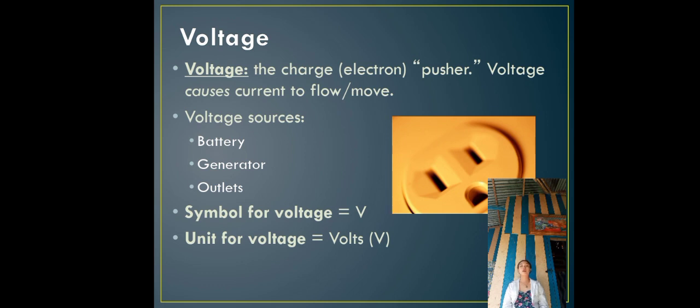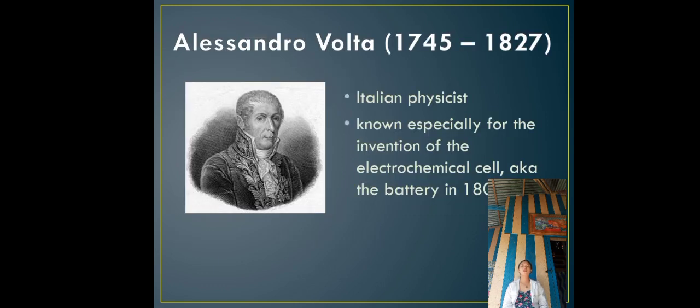The symbol for voltage is V, and the unit for voltage is volts. This is from Alessandro Volta, who lived from 1745 to 1827. He is an Italian physicist known especially for the invention of the electrochemical cell, aka the battery.